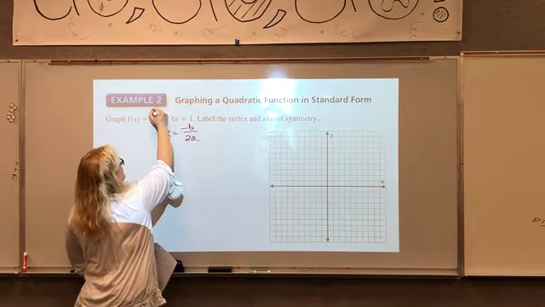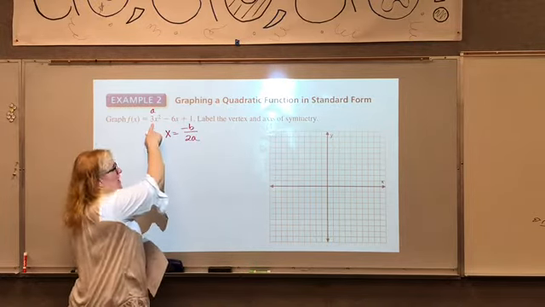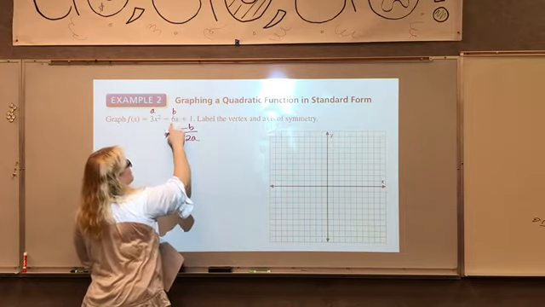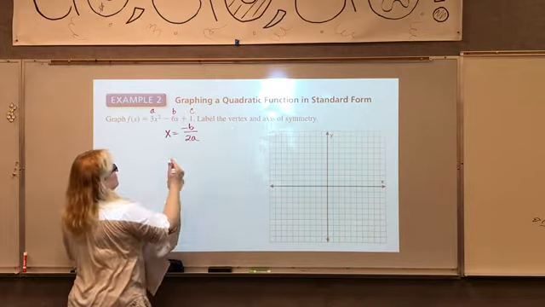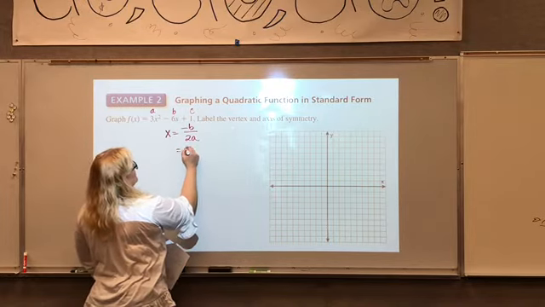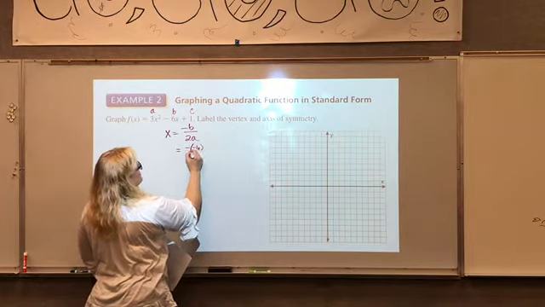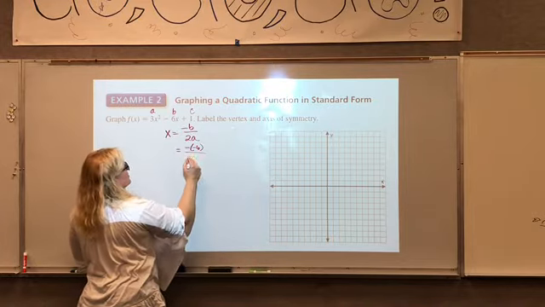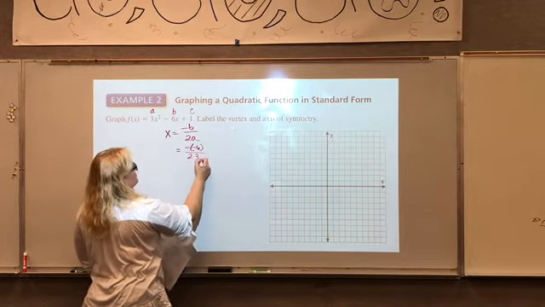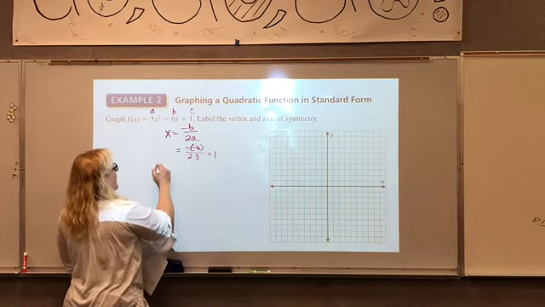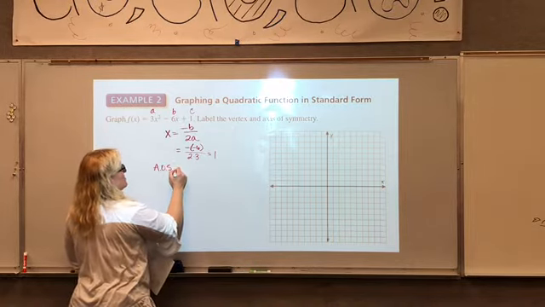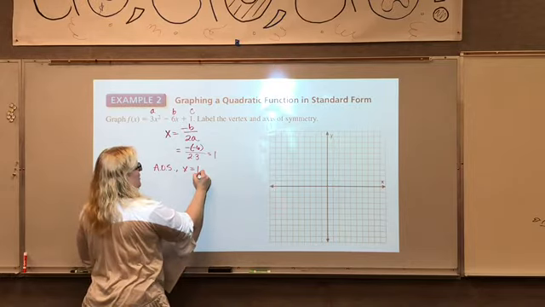Well, a is the coefficient that goes with x squared, b goes with x, and then c is the constant. So negative b, this is a negative 6, okay, because b is negative 6, over 2 times 3. So this gives me 6 over 6, which is 1. So my axis of symmetry is x equals 1.